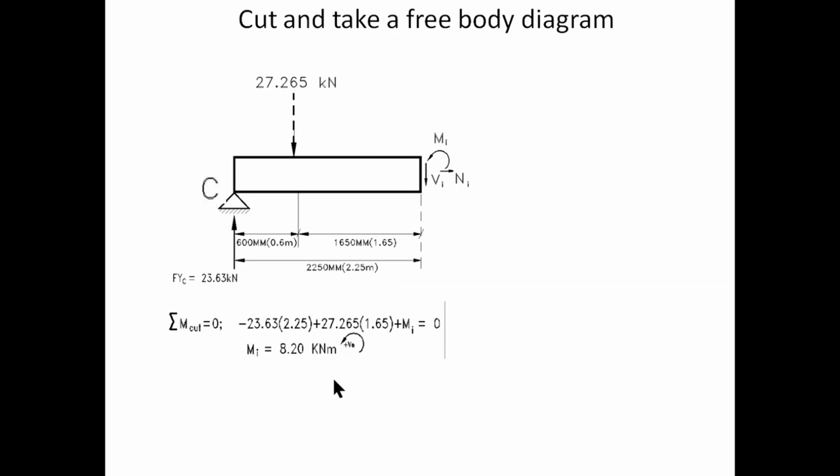Sum of forces in the Y equal to 0: 23.63 minus 27.265 minus Vi, which we have assumed positive downwards, and that will be 3.64 kilonewton. That is no surprise because we saw it in the bending moment and shear force diagram. Sum of forces in the X is equal to 0, and therefore Ni is equal to 0.